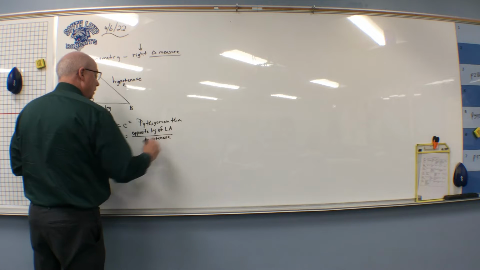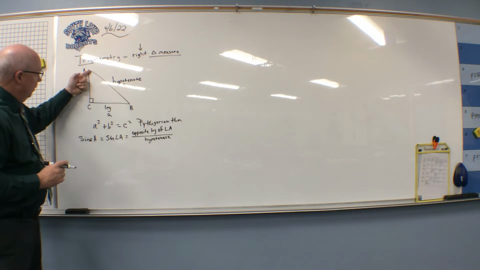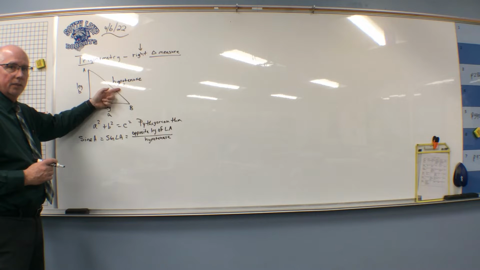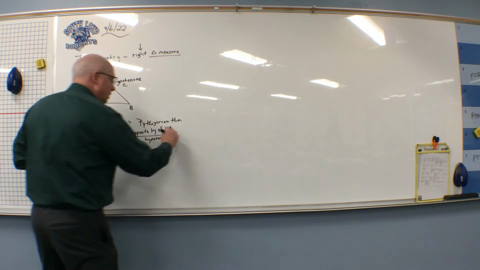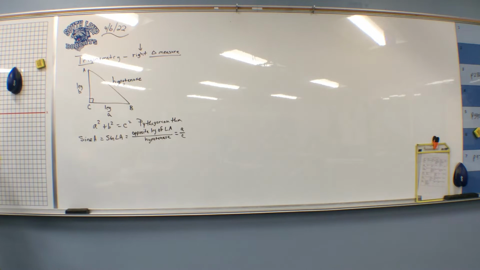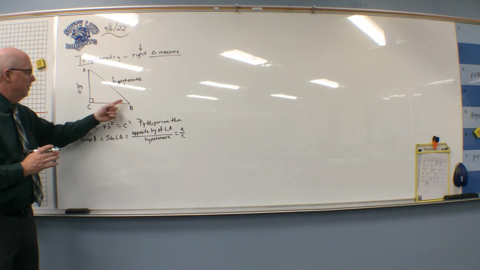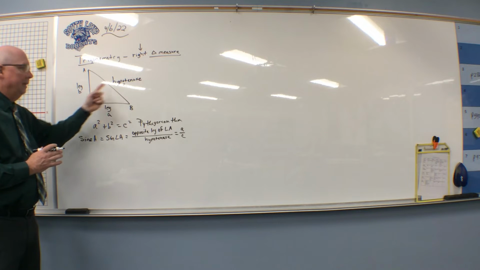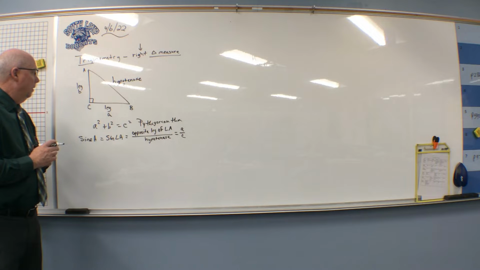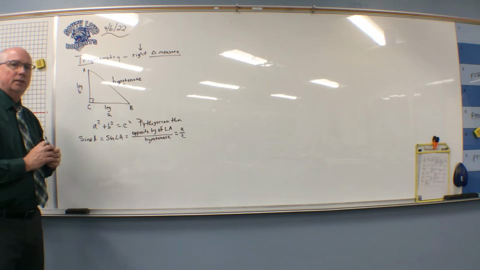So the ratio is this length over this length. So it's basically little a over little c. Does everybody understand that? If I was to take the sine of angle B, it would be little b over little c.